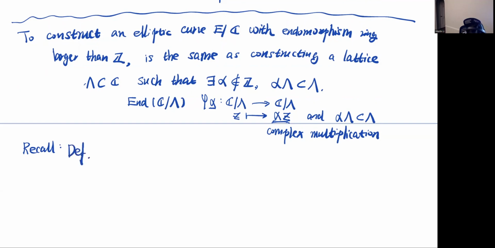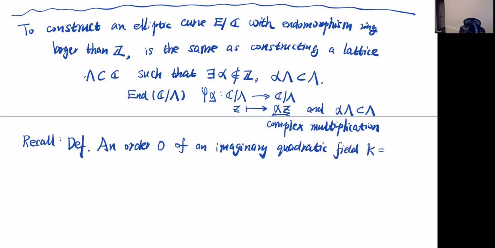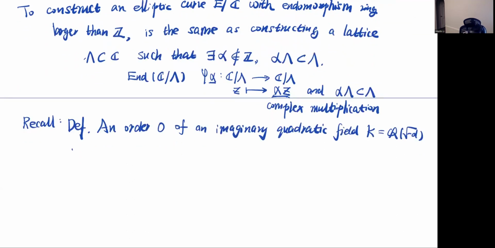So, definition: an order O of an imaginary quadratic field K, where K you can simply write as Q of the square root of minus D, is a subring of K such that O is a rank 2 free Z module.